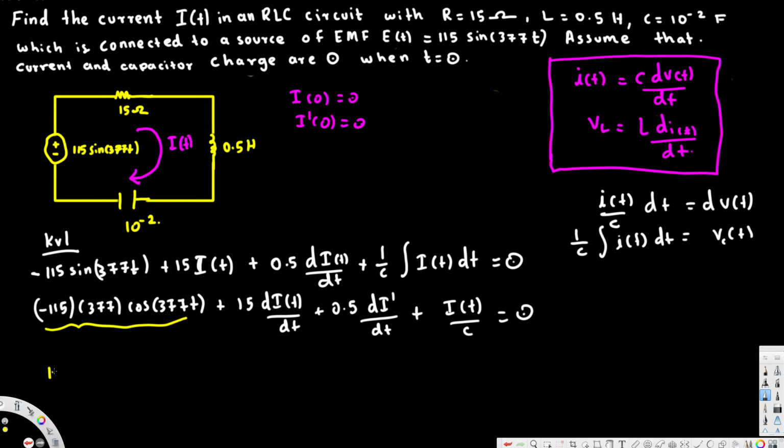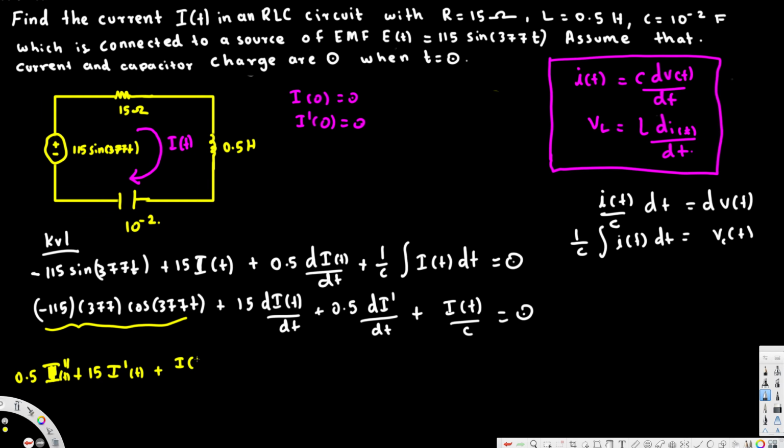So we can write 0.5 i double prime. After that, this is second order, then first order, that's going to be 15 i'(t). And after that we have i(t) divided by c.